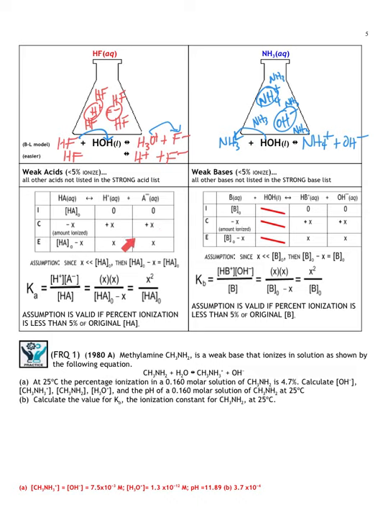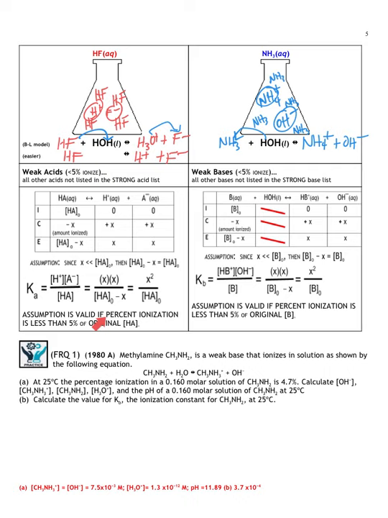And then, of course, equilibrium is simply adding these two columns or rows together. And then you substitute into your Ka, which is a ratio that is constant at a certain temperature. And you can actually figure out what the equilibrium amounts of your acid are based on that, as long as you have your Ka.